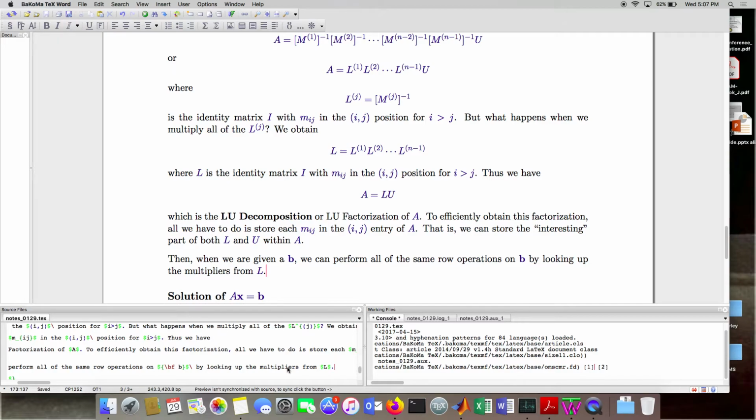Now we have that record very concisely. It's just sitting in the lower triangle.